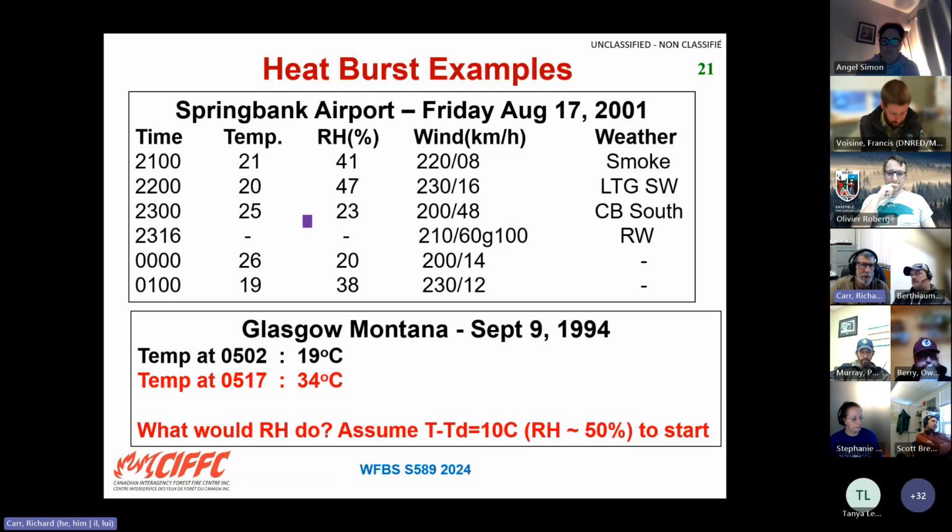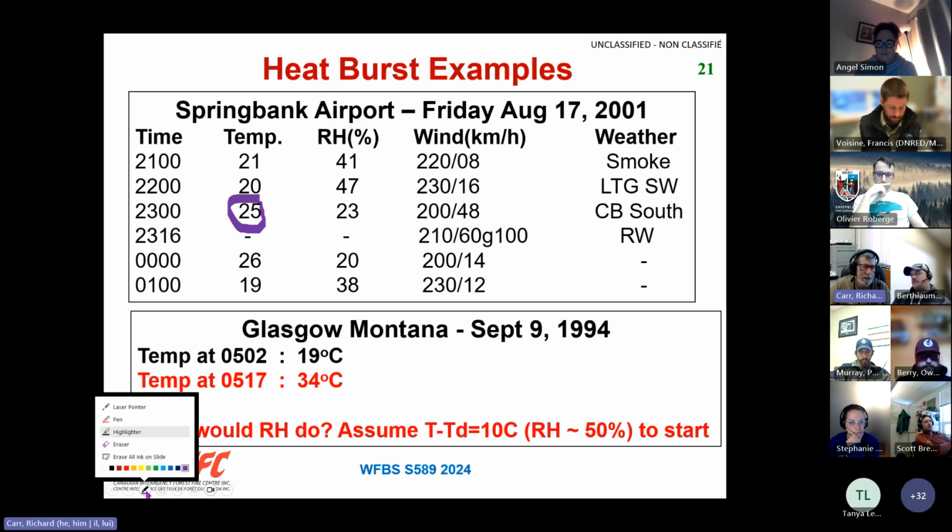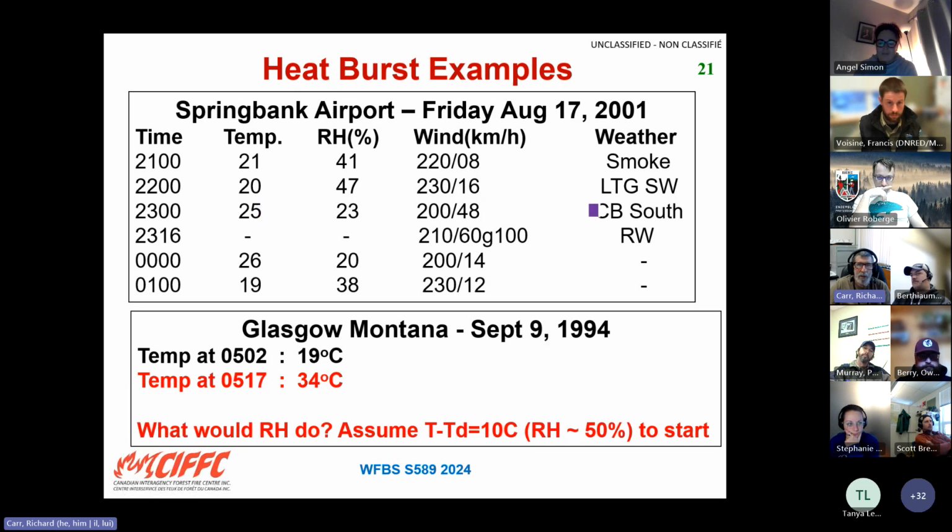You're in the low 20s heading into late evening, but we've got this jump at 11 o'clock local time up to 25 degrees. If you look at the weather comments on the right-hand side, we've gone from smoke to lightning in the southwest. That's the LTG is lightning, and the direction SW, southwest.